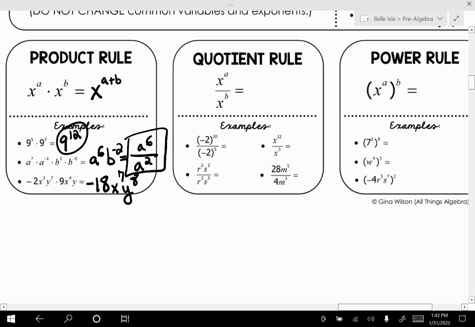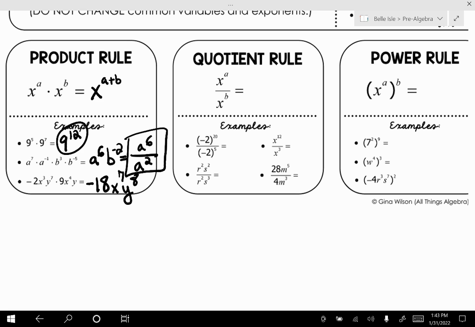Perfect. Quotient rule. We have x to the a power over x to the b power. What do we do with exponents that we are dividing? So let's think about this. Yeah, math makes sense. Okay, I know it can be complicated, but at the end of the day, math is pretty directed towards some common sense.